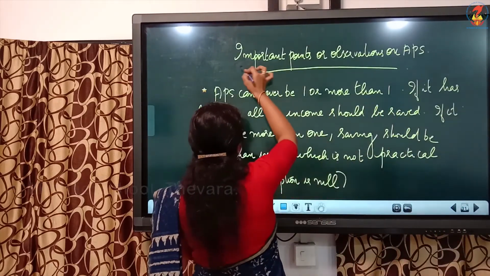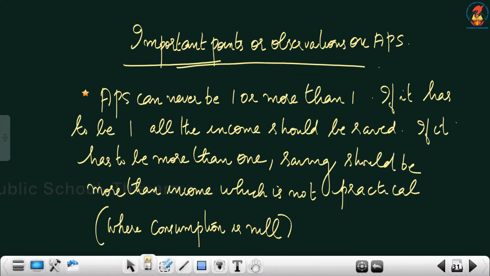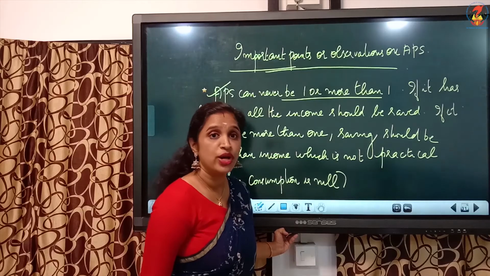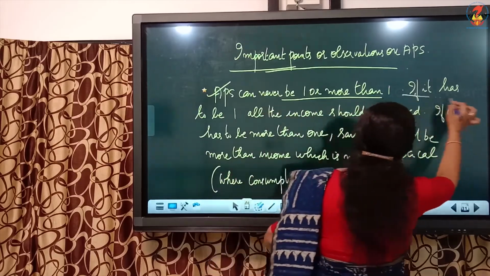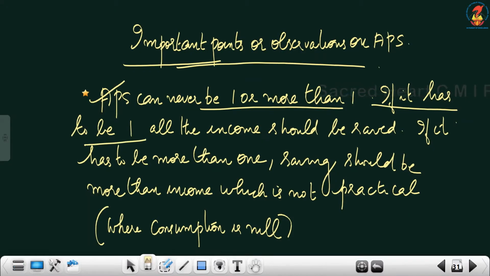Now we will move on to important observations about APS. The first observation is APS can never be one or more than one. Very important. Let us explain that one by one. If it has to be one, all the income should be saved.